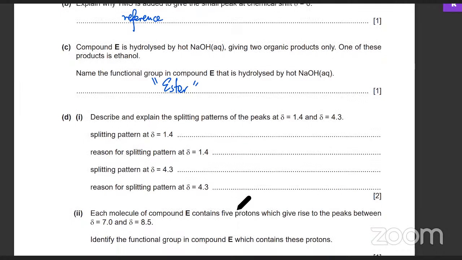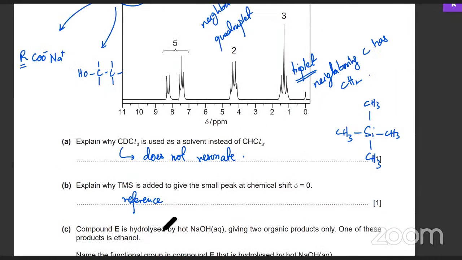Now, each molecule of compound E contains 5 protons, which give rise to the peaks between 7 and 8.5.